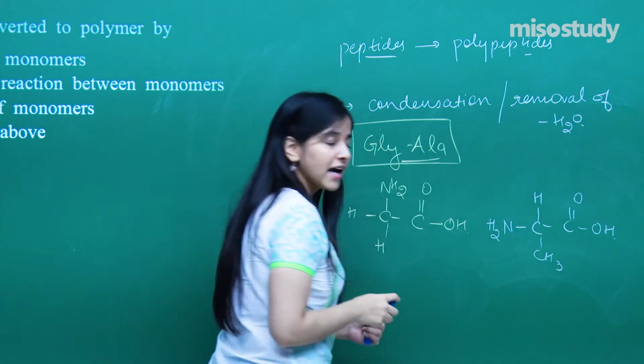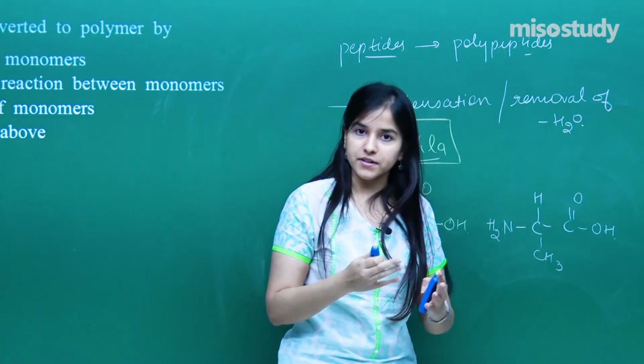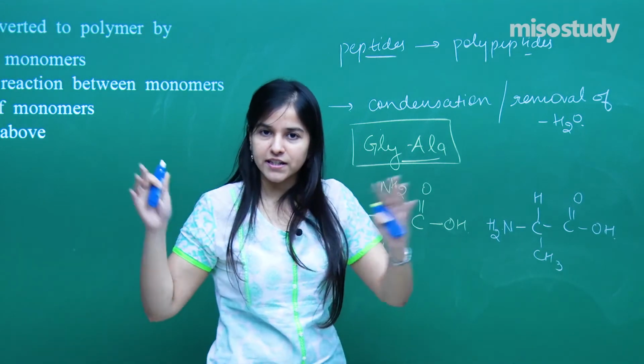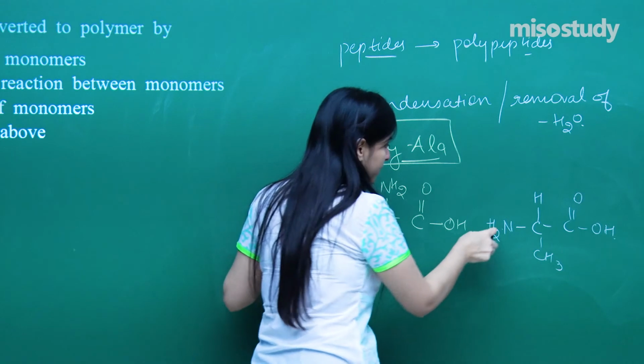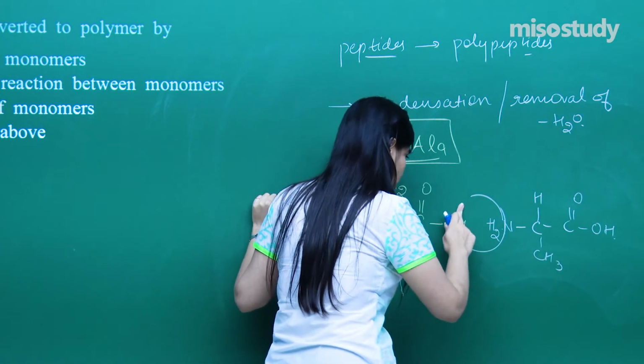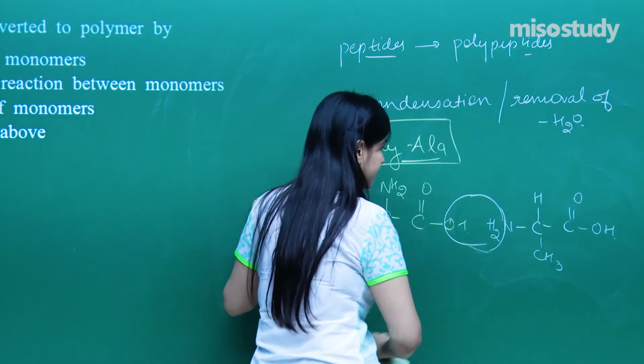So that is alanine here, and we need to make a polymer, we need to make a polypeptide. So I need to have several peptide bonds in that very chain. So I would be condensing the two to make it attach. That means loss of a water molecule.